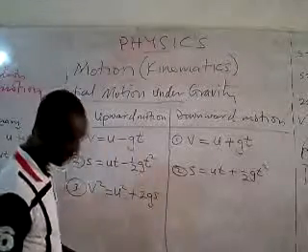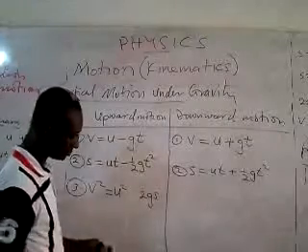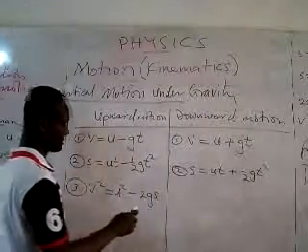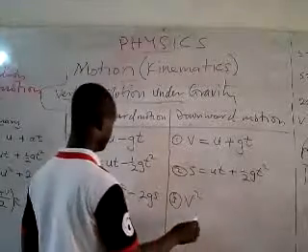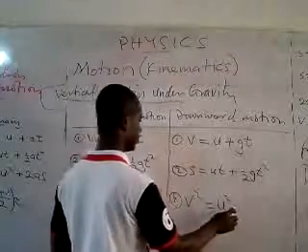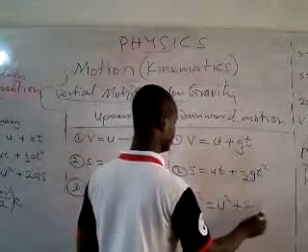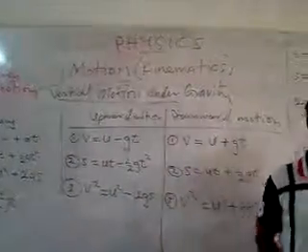Sorry, here it will become minus 2GS. Same thing here. For equation 3, downward, V squared equals U squared plus 2GS. That is for motion under gravity.